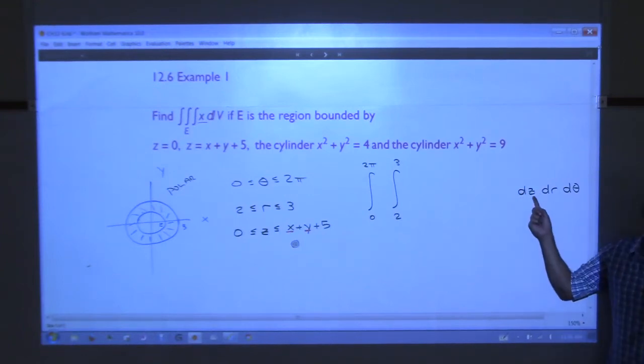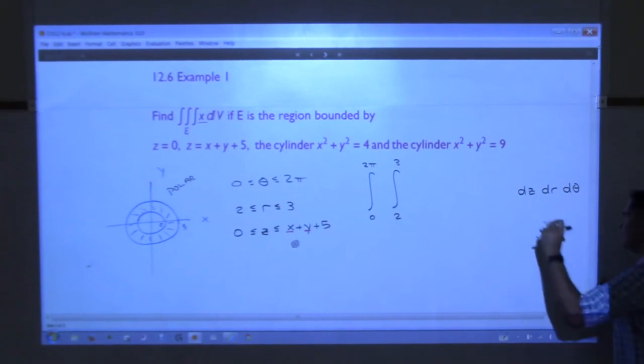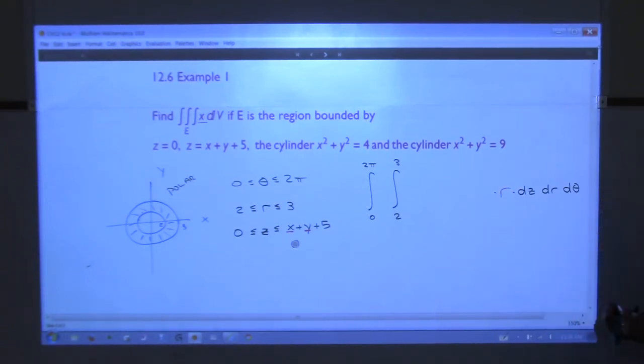Z is not going to change to anything. X and Y change, Z does not, because it's cylindrical, right? Cylindrical, Z is Z. All right, do you want me to put it now? I want to put that r there so I don't forget about it. I'm doing that because I'm in cylindrical. There's got to be an r in the integral.